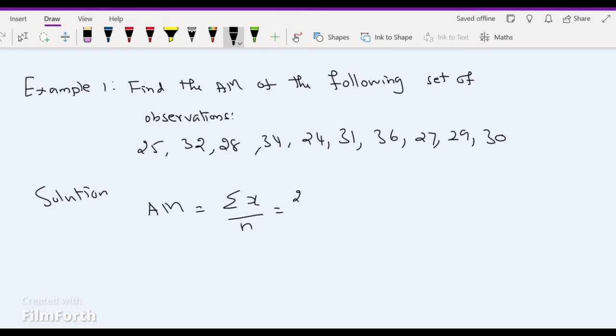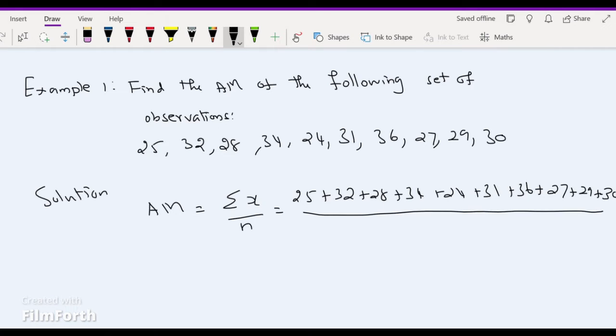That is equal to 25 plus 32 plus 28 plus 34 plus 24 plus 31 plus 36 plus 27 plus 29 plus 30, the whole divided by the number of terms. Number of terms, n is equal to 10. So add these observations, the total value is 296 by 10. We can write 29.6. So when only observations are given, we can use the direct formula summation of x by n.